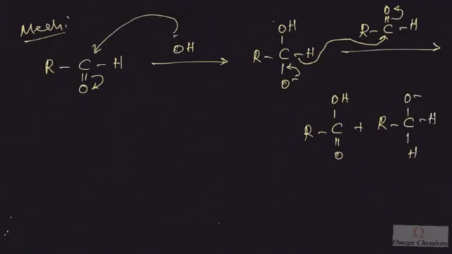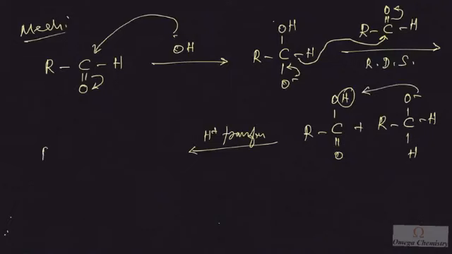Now this step, where the carbon-hydrogen bond breaks, is the rate determining step. After this, proton transfer happens, that is, this hydrogen will be abstracted by this oxygen. So I'll get an alcohol and a carboxylate ion.